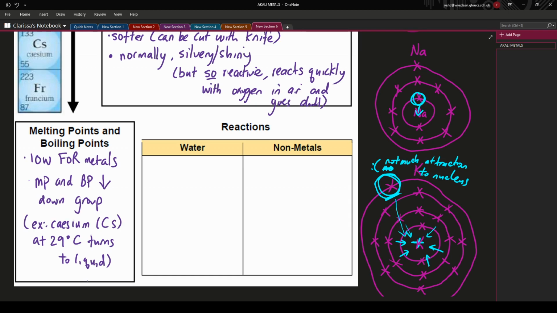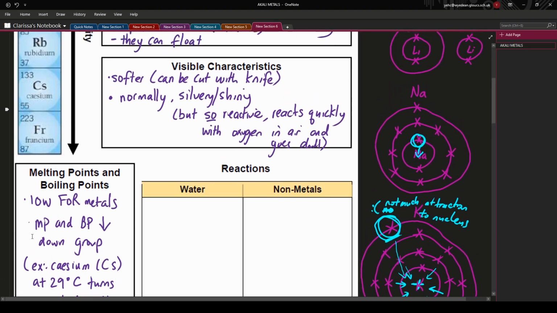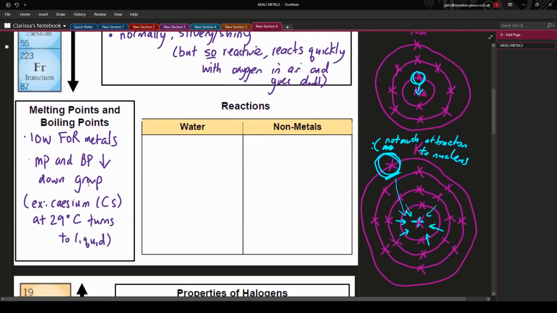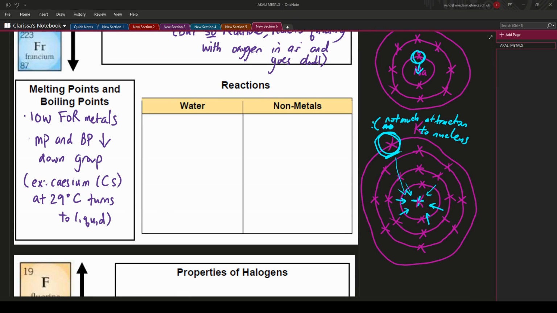So for metals, the melting points and boiling points can get quite low. Going down the group, that number just keeps getting lower and lower, meaning it's easier for it to turn into liquid than it would be for the elements higher up. So it's easier for cesium to turn into a liquid than it is for sodium, and so on and so forth.